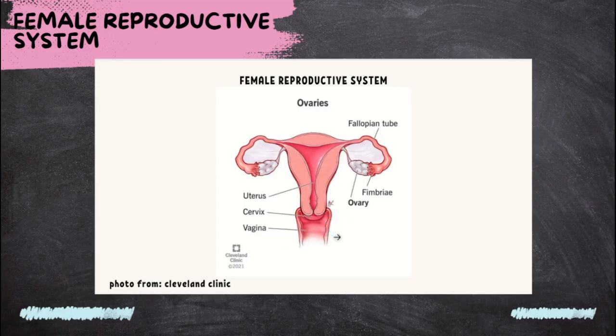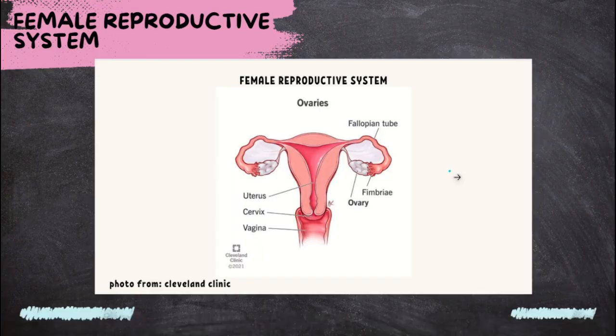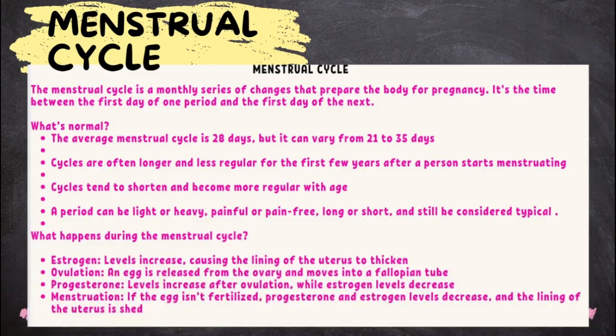So it basically acts as a seal for the uterus, prevents infections, stuff like that. And I guess it also allows the sperm to enter, right? So that's basically the female reproductive system. Then we can just go through the menstrual cycle really quickly.